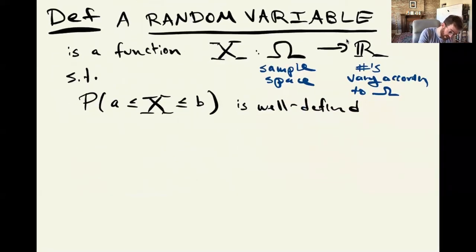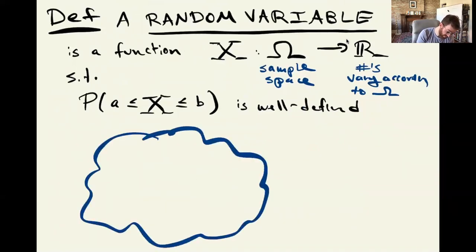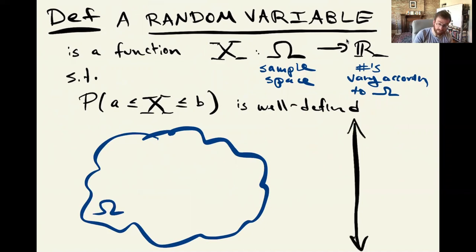So the cartoon you should have in your head is that I've got this cloud of possibilities, omega. I've got my real line. These are the numbers which are going to vary according to omega.